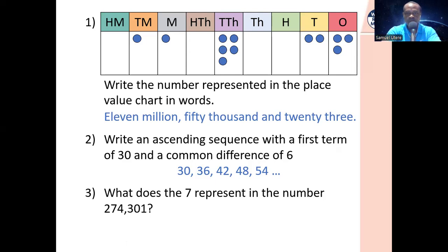Okay? And the common difference is the number we'll be adding each time. Question 3, you're asked what does 7 represent in the number? 7 represents 70,000. You can also write it in words if you choose to.